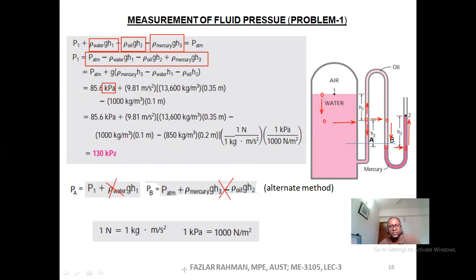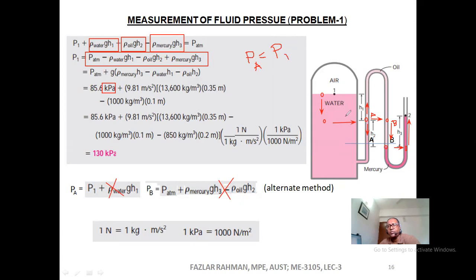Say I'm saying this is my point A, this is my point B. Figure out the pressure at point A. So PA will be how much? Pressure A equals pressure at point 1, P1.